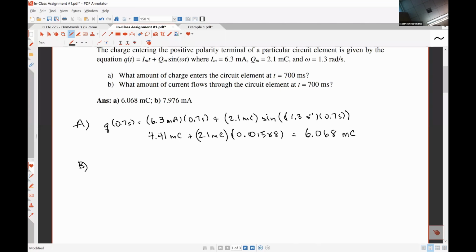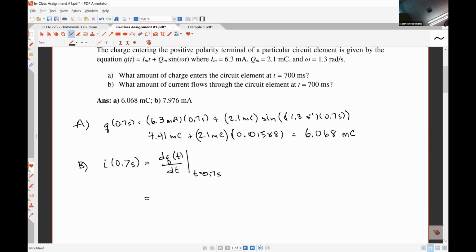Okay, so we're going to take the derivative of the charge with respect to time. That's right. So i at 0.7 seconds is simply dq by dt evaluated at t equal to 0.7 seconds.